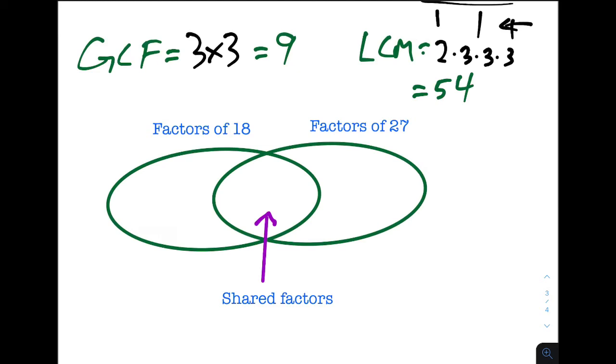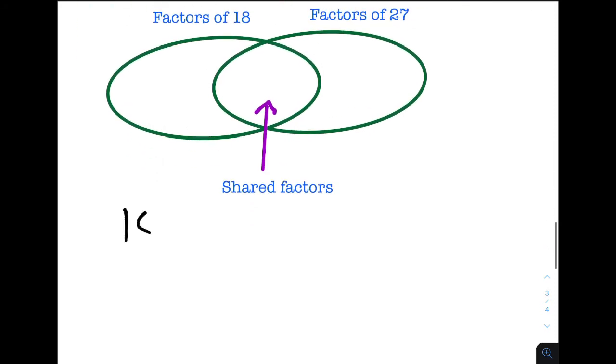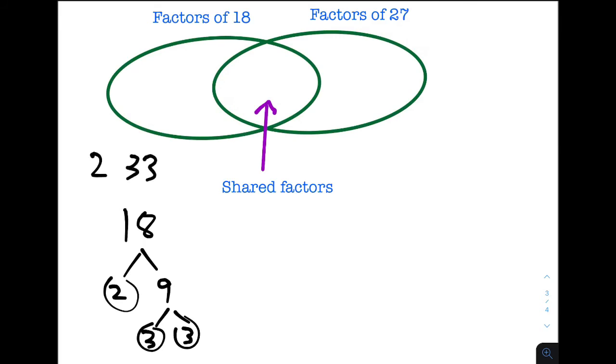Down here, though, I'm going to write out these factors. So the factors of 18 are, well, if you're doing 18, maybe I'll just draw it out here. We could say that's 2 times 9, and 9 is 3 times 3. So I have 2, 3, and 3 to shove somewhere in here. And for 27, I could say that's 3 times 9, and 9 is 3 times 3.